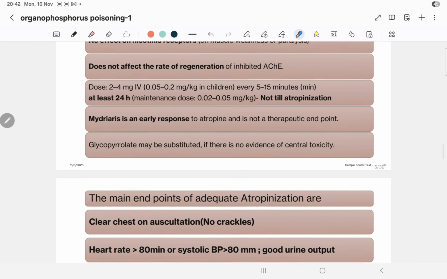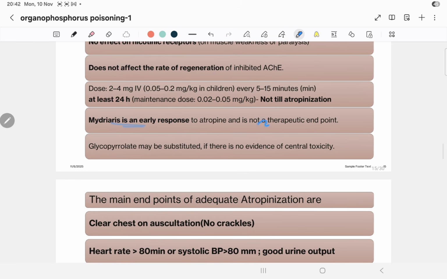Do not confuse this: I have said mydriasis is an early response and it is not a therapeutic endpoint. By this I mean that only mydriasis is not an indication to stop the atropine. When we study atropinization, we usually say that when atropinization is complete, our answer is dilatation of pupils.